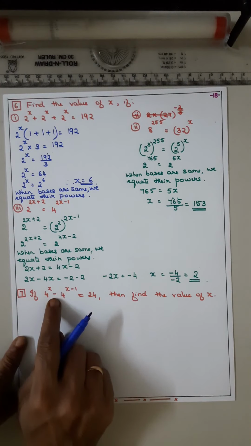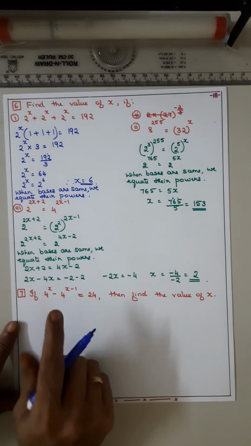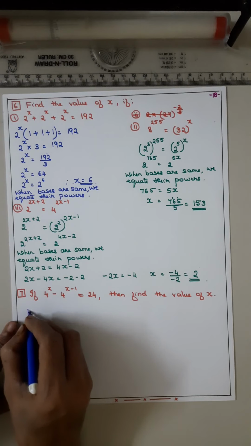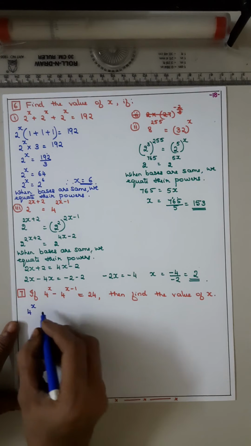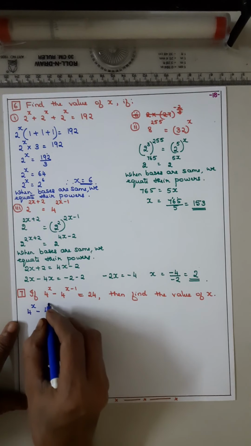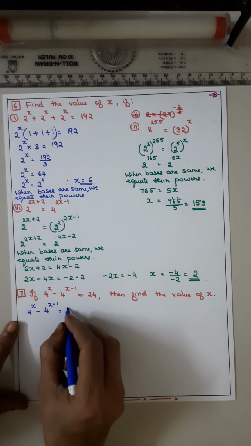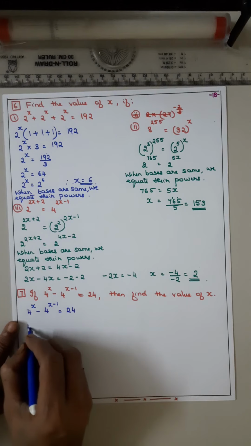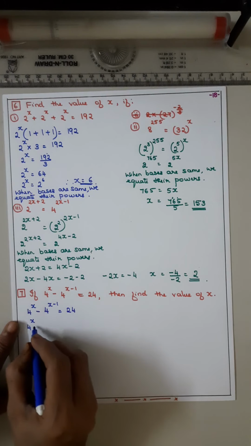So it is a little bit difficult, so you have to understand this. So 4 to the power x, keep it like that.